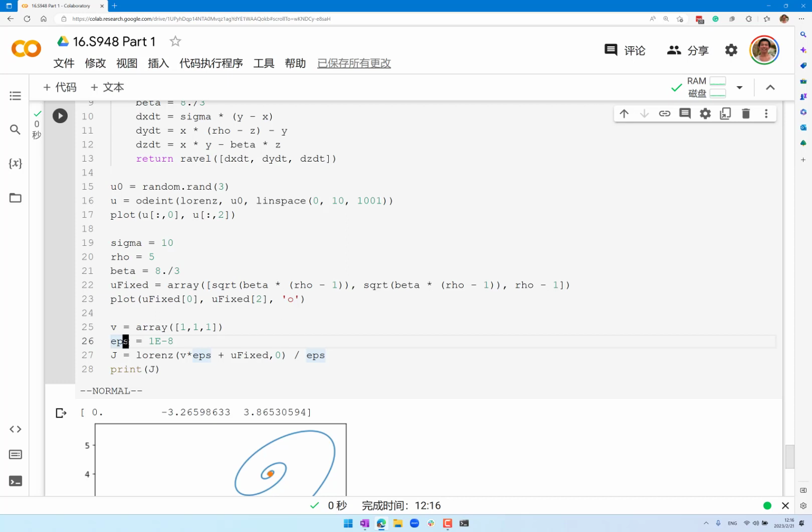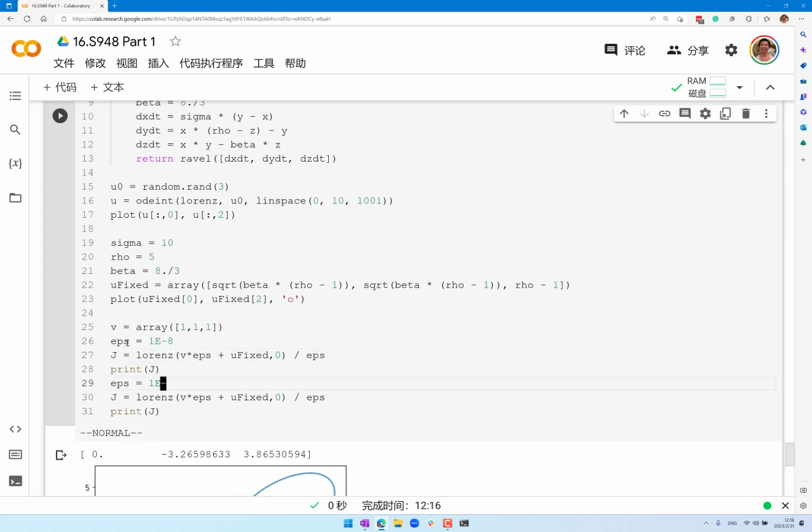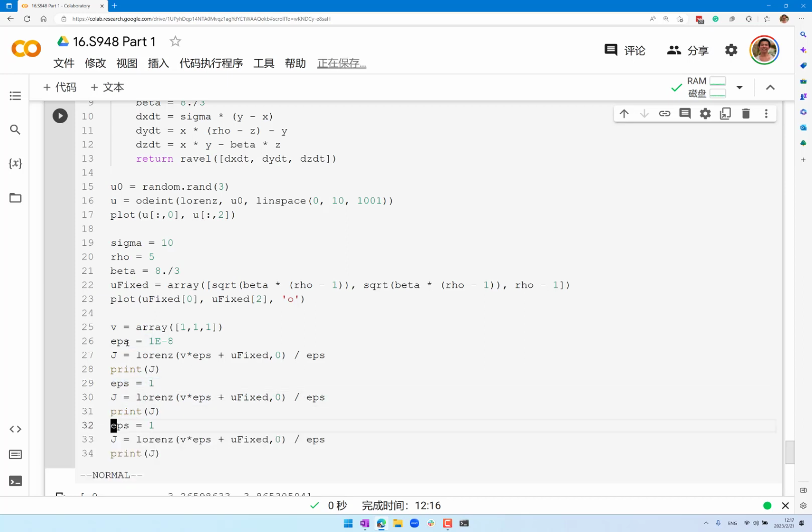and see what is the best trade-off between numerical round-off error and the truncation error, right? So as we have seen, when the epsilon is too large, let's say 1, we're going to have a truncation error, and when epsilon is too small, let's say 10 to the minus 16, we are going to have round-off error, right?